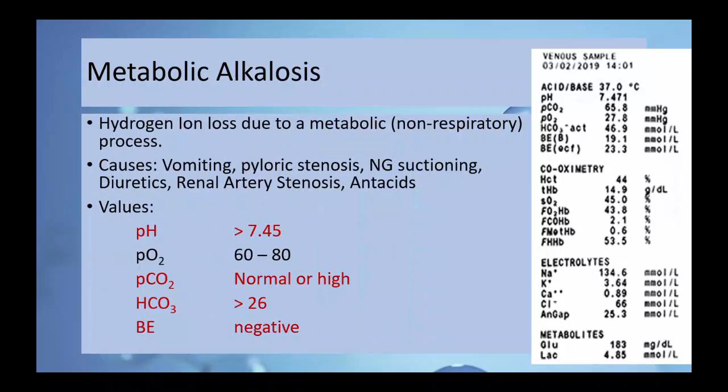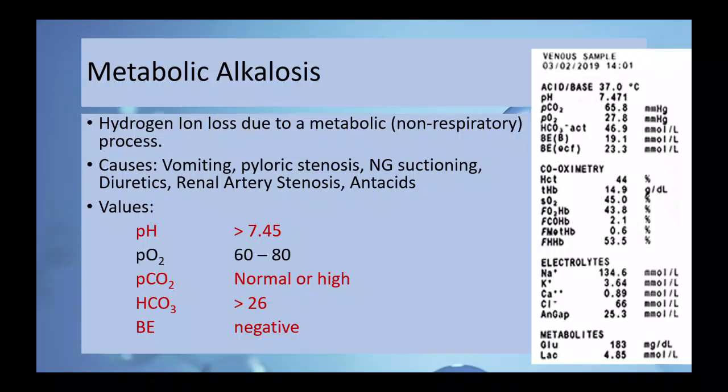Now, metabolic alkalosis is the other side of the story. So in this case, we are losing hydrogen ions relative to the bicarbonate we have in the bloodstream. The pH is elevated. The PCO2 can be normal or high. The bicarbonate is high.